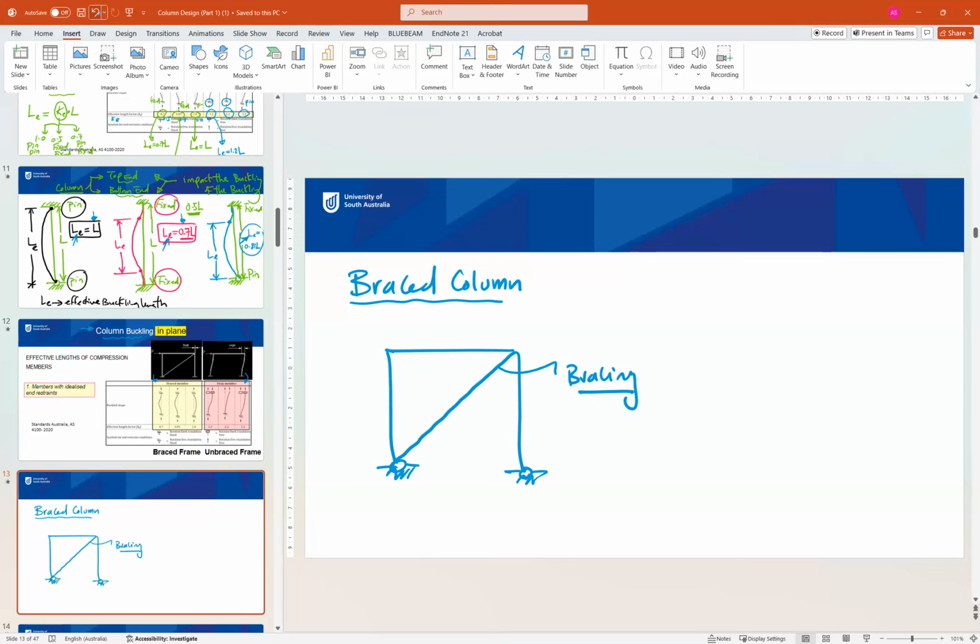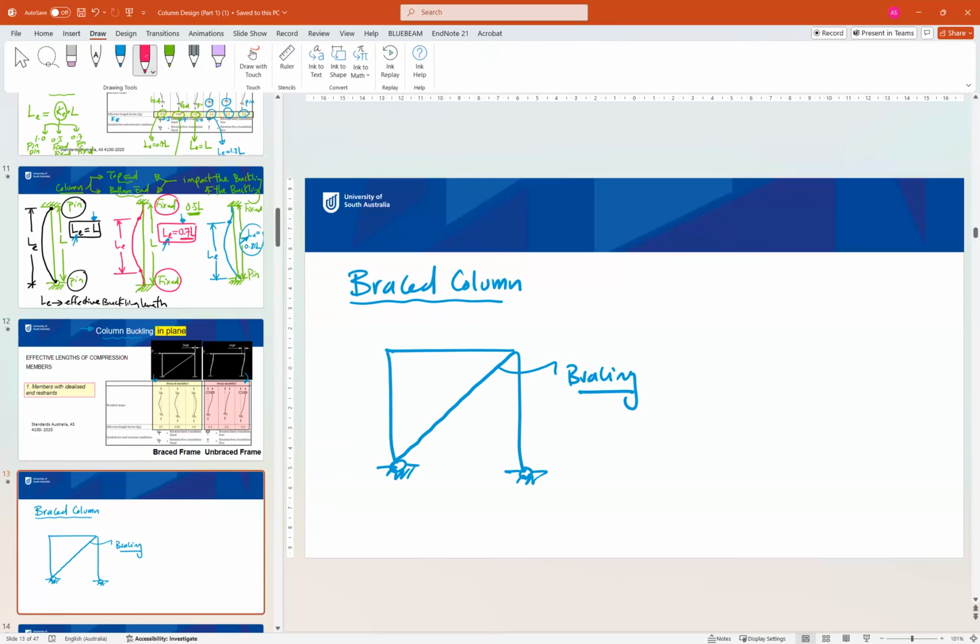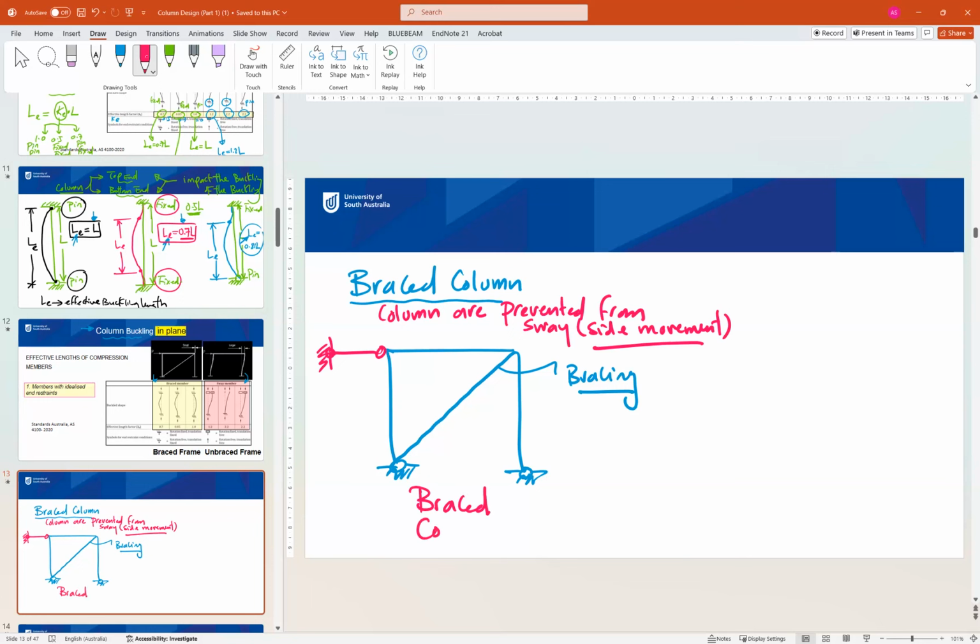If we have bracing or another member somewhere here to prevent the horizontal movement, in the braced column, this means the columns are prevented from sway or side movement. So the column in this case is a braced column.